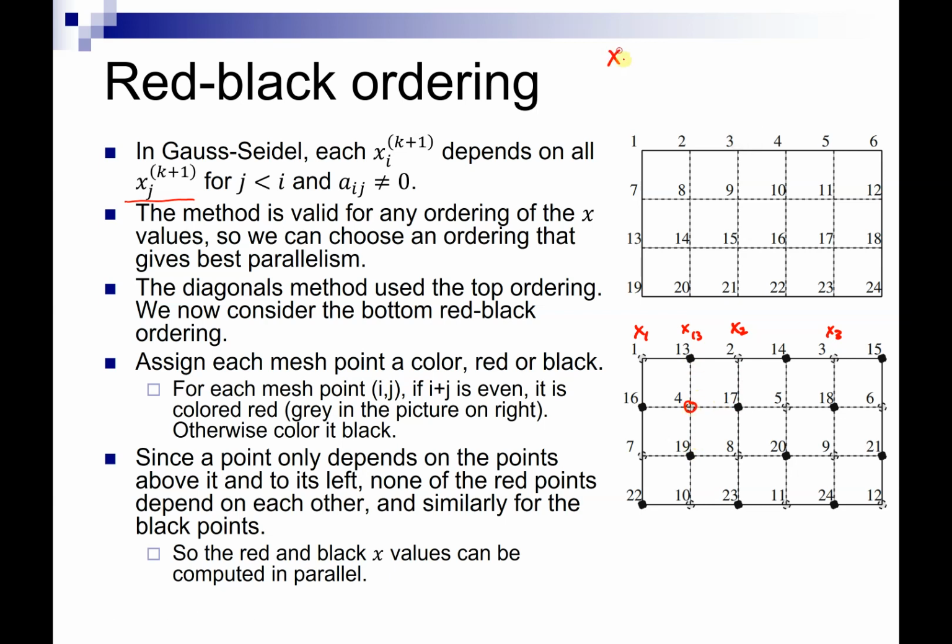So x4 at iteration k plus 1 depends on x13, x16, x17, and x19, but this is all for iteration k, because all of these indices are larger than 4. And we know that if your index is larger than 4, then you only care about the value from x of k. You see that this point 4 doesn't have any dependencies on the red points, and the red points are the only ones with indices less than 4.